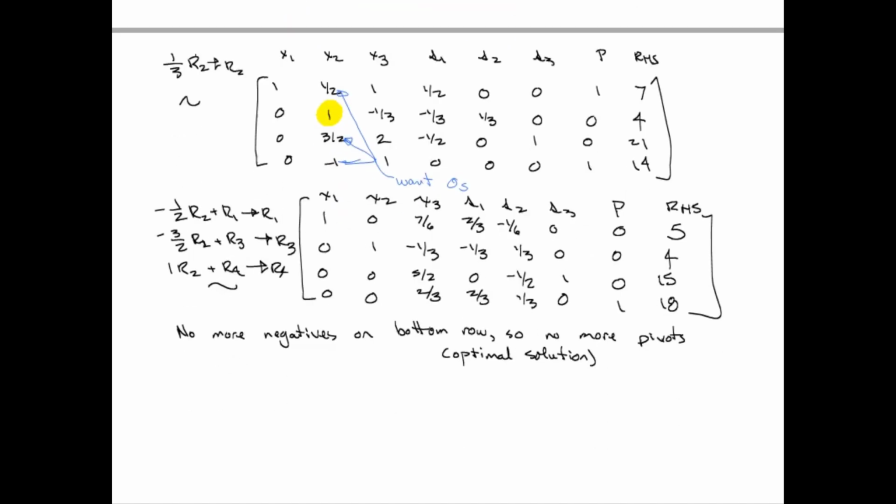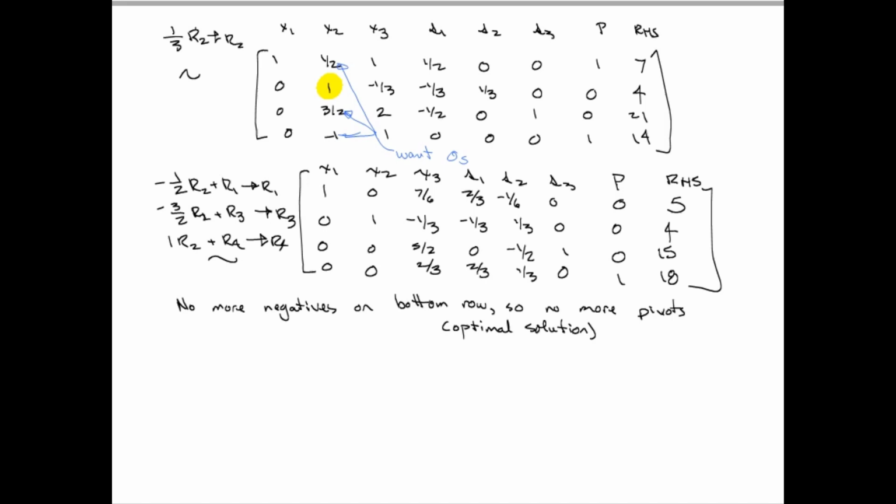So now I need to figure out what that optimal solution is that is represented by this final simplex tableau. Okay, so we think of which ones are our non-basic variables that are being set equal to 0. And how do we tell? We look for junk in the columns.